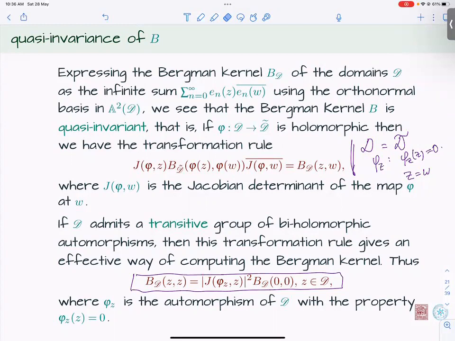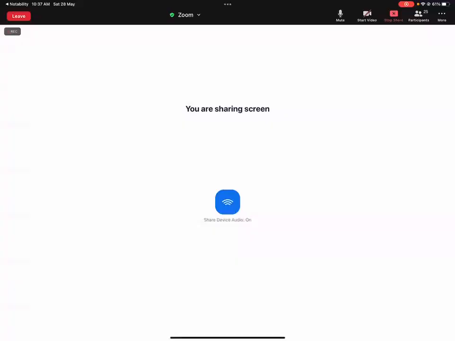Now, I want to ask, can any of you actually guess how to turn this quasi-invariant into an invariant? Any guesses? Any idea at all? How this might become an invariant?